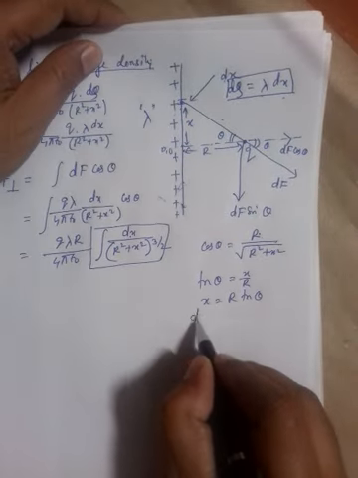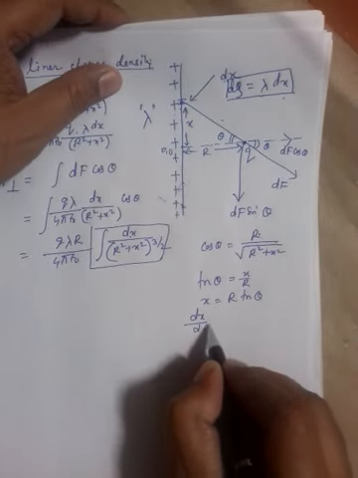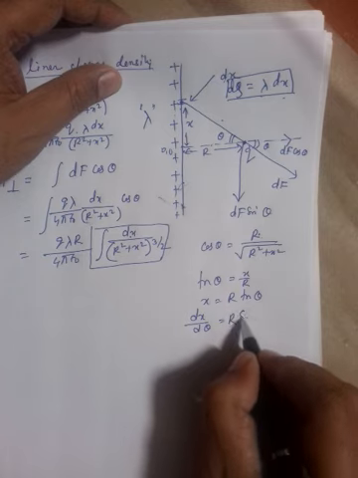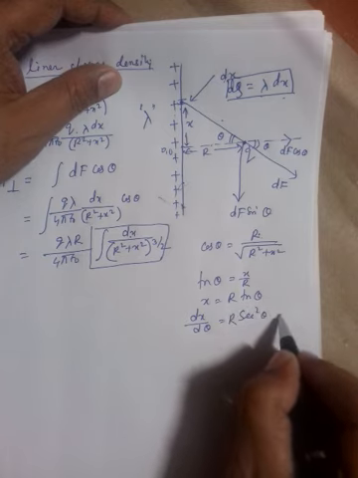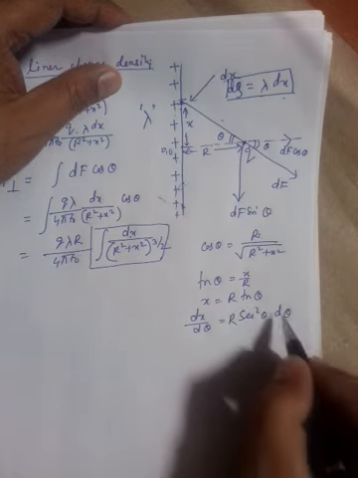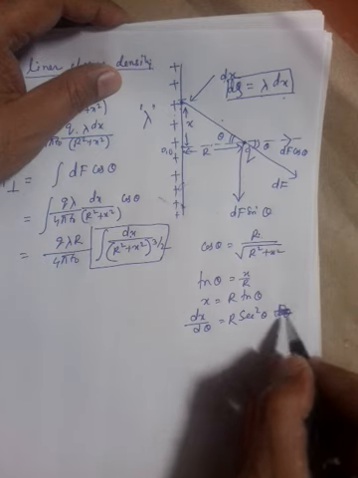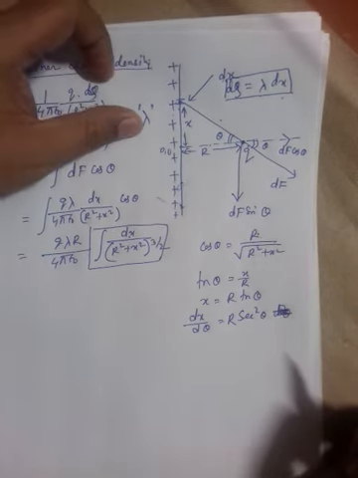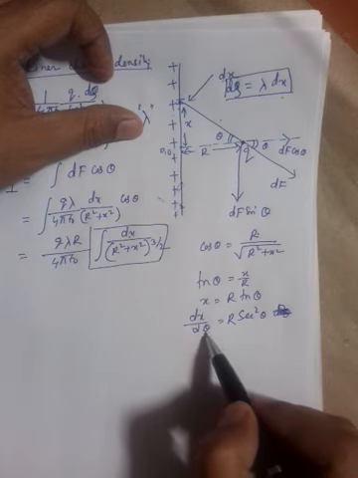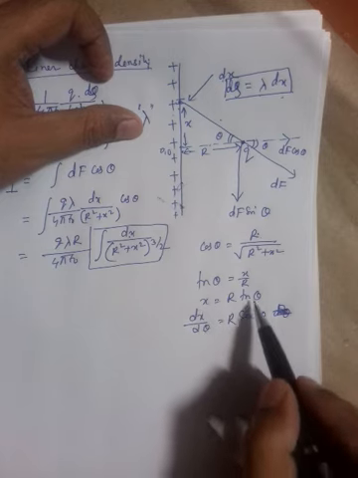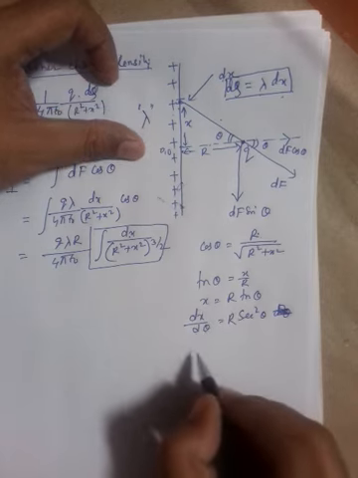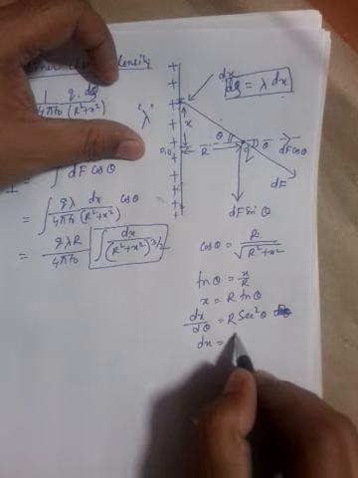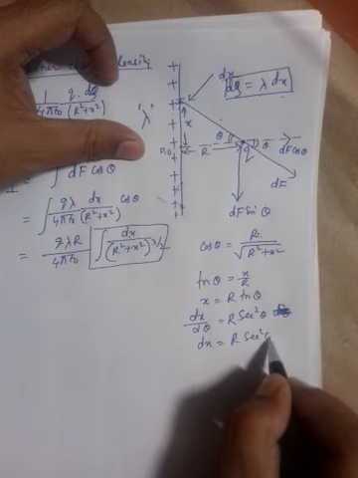Let me differentiate x with respect to θ. Differentiating both sides, dx/dθ equals r outside, and tan θ on differentiation gives sec²θ. So dx can be written as r sec²θ dθ.